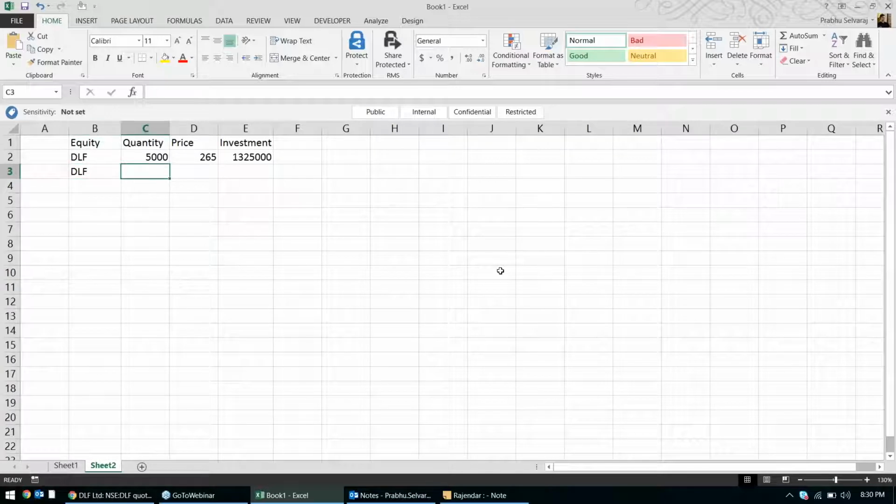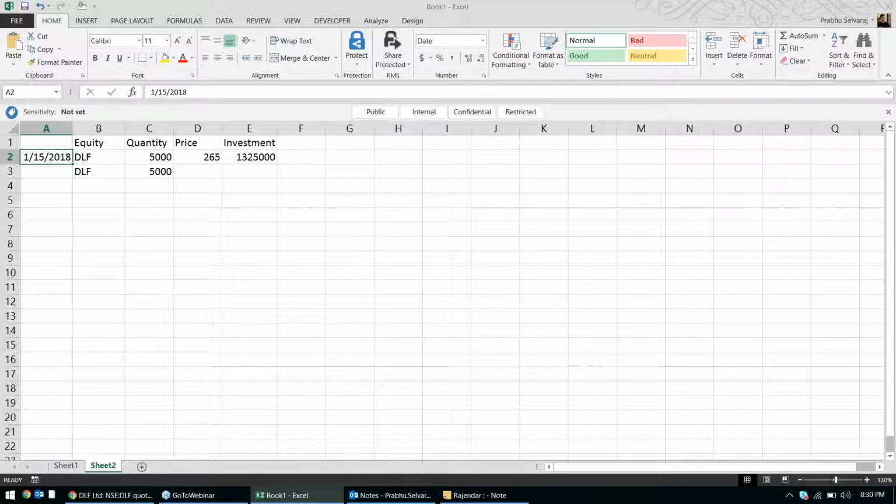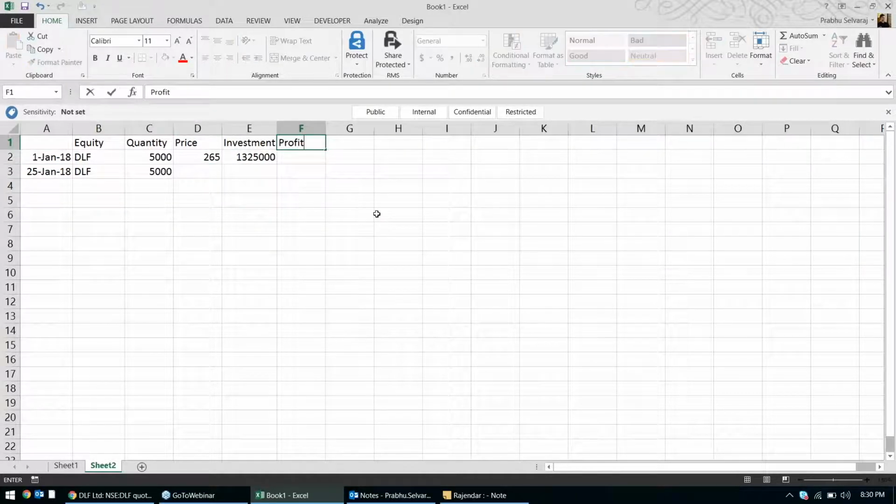Okay, next. After 1 month, for example, I bought first of this, and we'll take the same expiry date. 25th is the expiry for this month. So on the 25th, the stock price, okay, this will say profit, this will say loss.